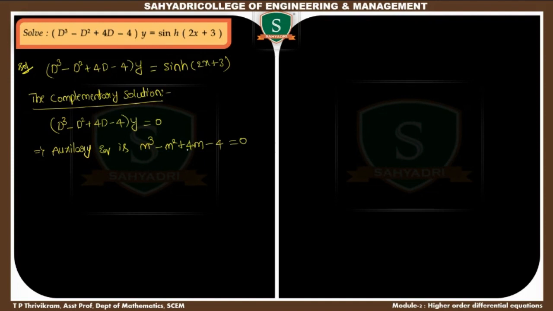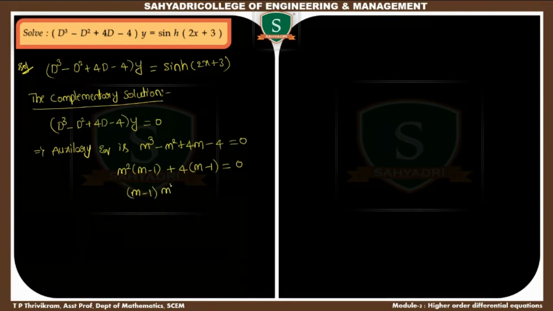So how to solve this? Either by using synthetic division or you can take common. If you take common m square, you'll get m minus 1. Next, for plus 4, if you take common, m minus 1. So m minus 1 into m square plus 4 equal to 0.